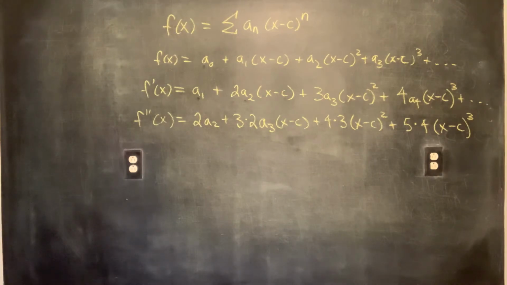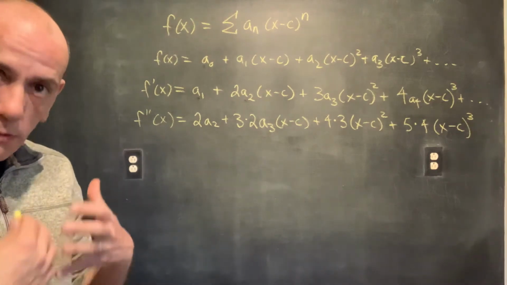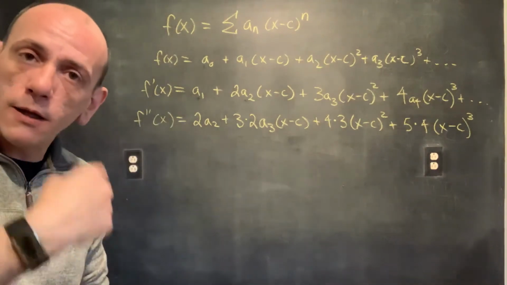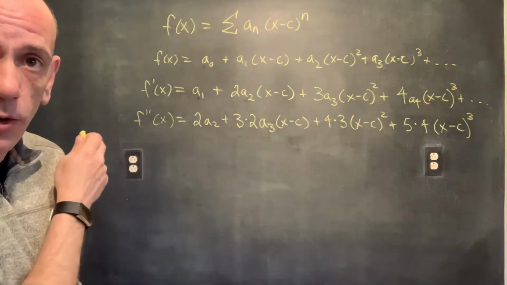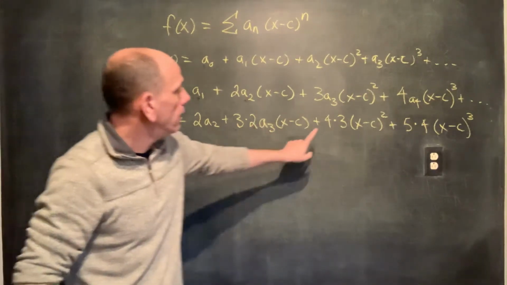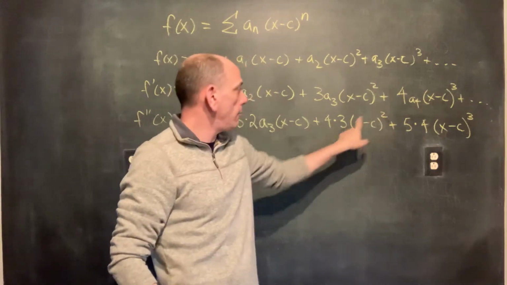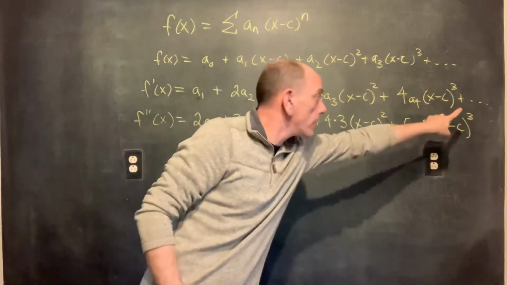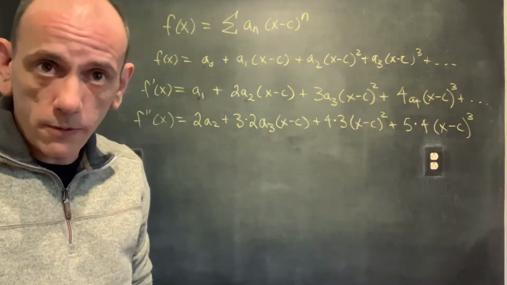Hopefully you're starting to see the pattern, starting to see what's going on here. From these repeated power rules, we're getting that n factorial that's starting to pop out front, right? 3 times 2 times 1, 4 times 3, and then the next one will bring that power down. So 4 times 3 times 2 times 1, and here we're getting 5 times 4 times 3, and then the next one times 2. This is the factorial.